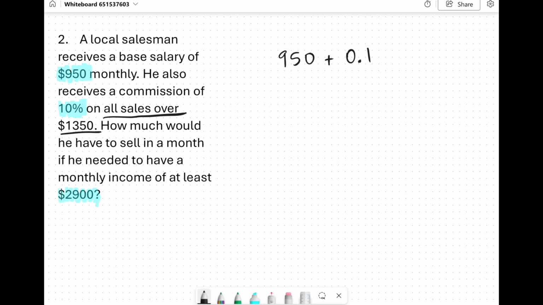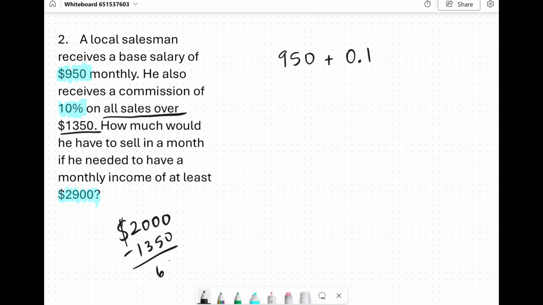In fact, the 10% will only be applied to everything that's above $13.50. For example, if he sold $2,000 worth, then the commission of 10% will be applied to the amount of sales above $13.50.